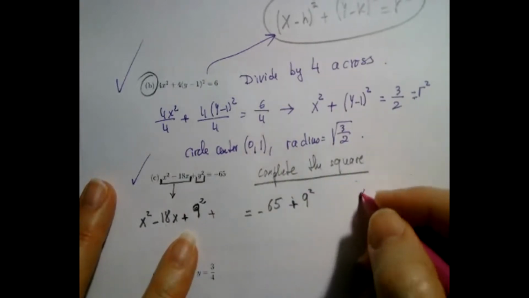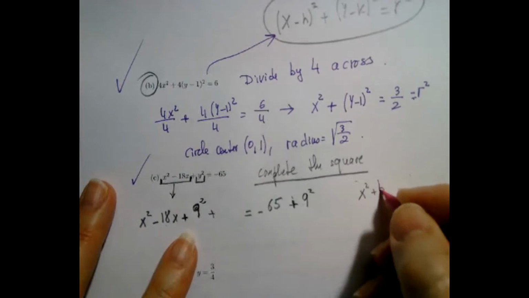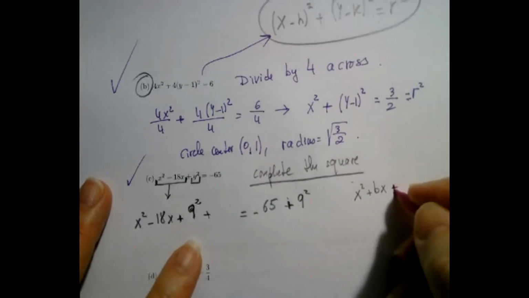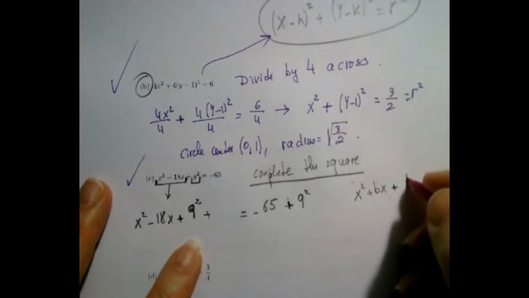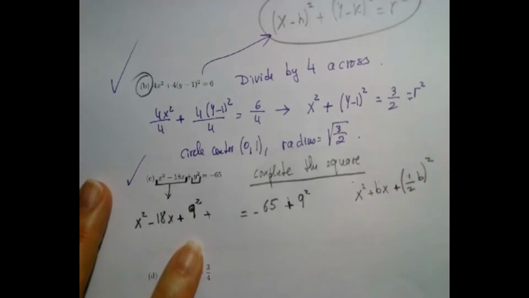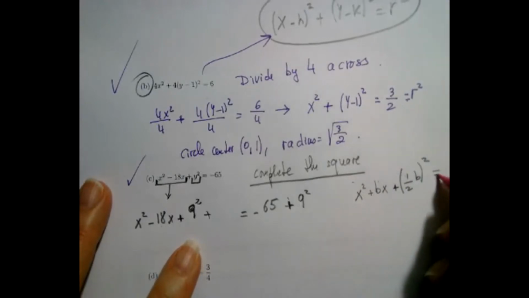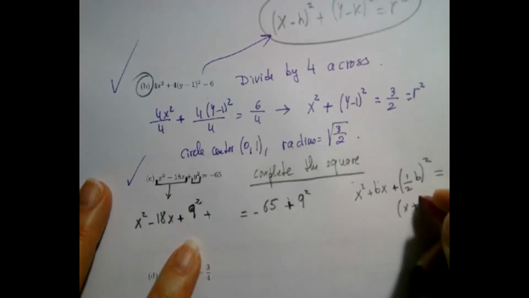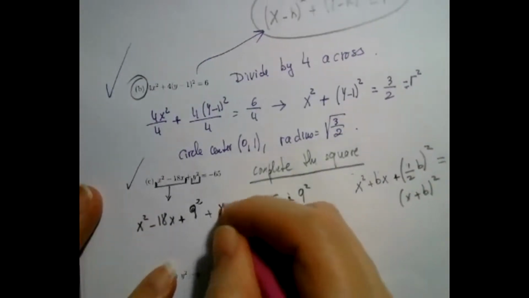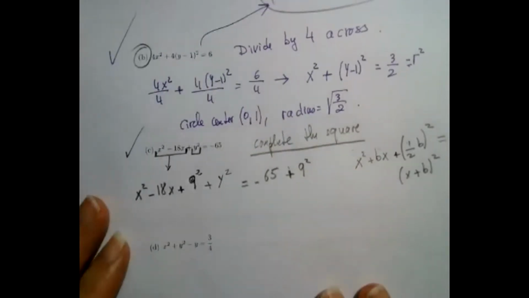If you have x squared plus bx, to complete the square, you add half of b, squared. That's what you add. And this will become (x plus b/2) squared. Now y squared is complete, so I do not touch the y squared.